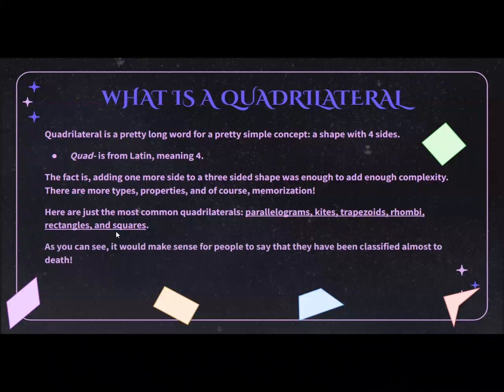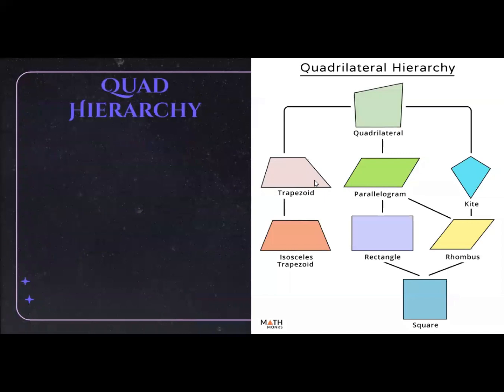Most of these are just the basic categorizations, and some people say quadrilaterals have been almost classified to death because there are so many properties and different types that you can make. We should talk about them first before we go into more depth. So this is the quadrilateral hierarchy, which is important to know.